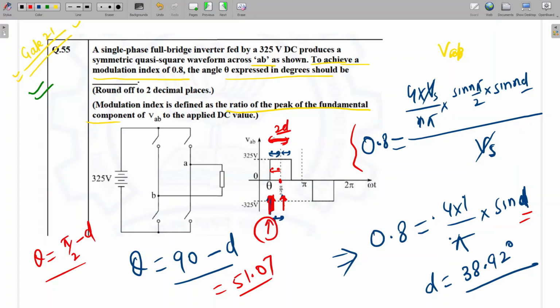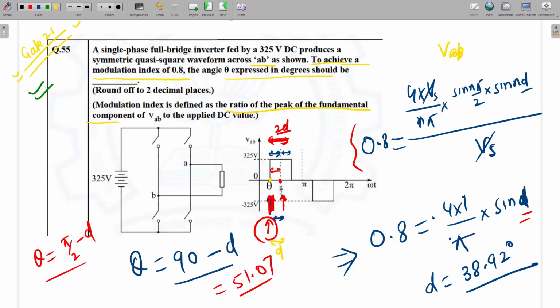From here to here is 2D, so half of this will be D. Is it correct? Theta is the instantaneous value of this point. Got it, sir. Thank you, sir.